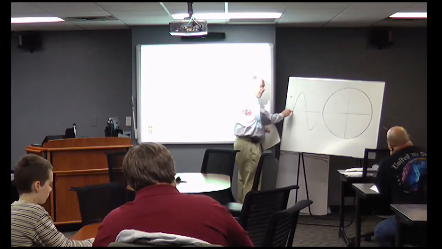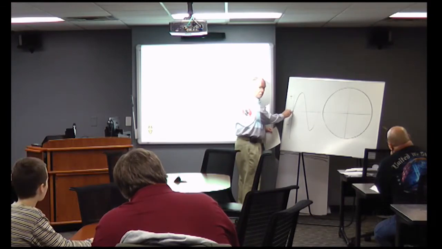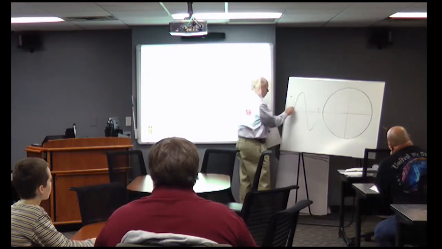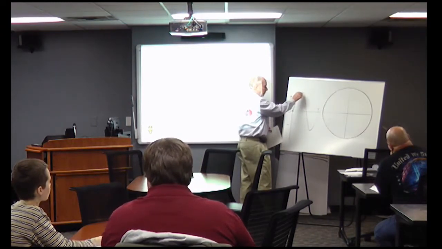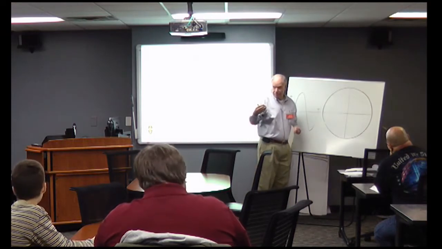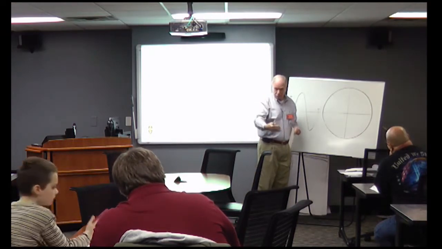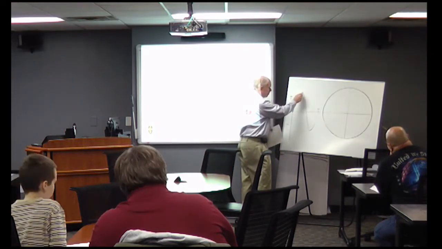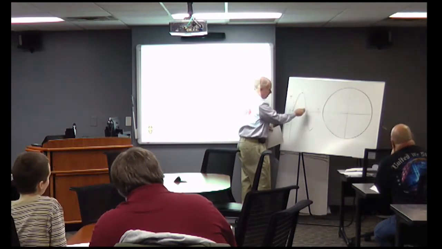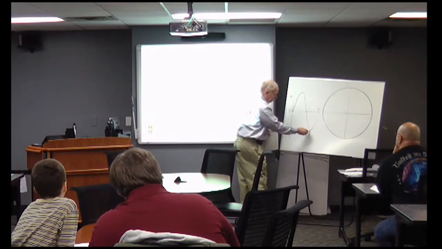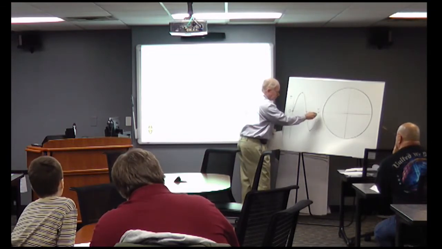It starts at an amplitude of 0. As time passes, it increases to some positive maximum, and this has to be alternating current, right? Because all radio waves are alternating current waves. It begins to decline. It passes 0 again. It decreases to a negative maximum and returns to 0 again.